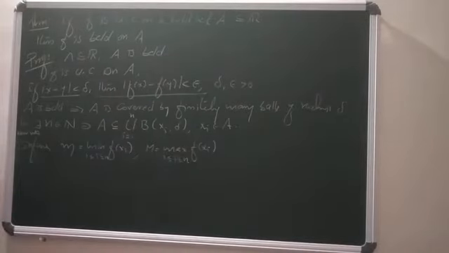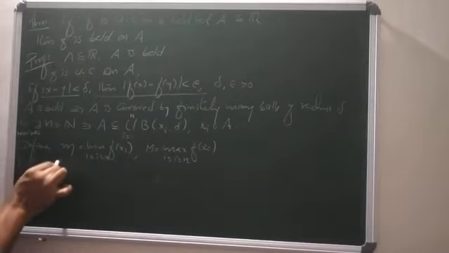Since f has both the minimum and the maximum value over these points, let small m be the minimum of f of x_i and capital M the maximum of f of x_i. Let x belonging to A be arbitrary.